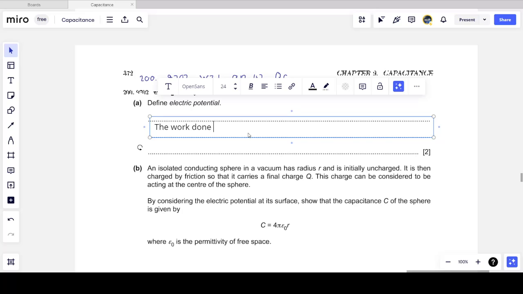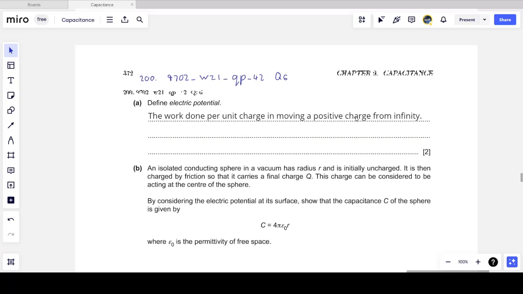What is electric potential? It is the work done per unit charge in moving a positive charge from infinity. I have to be more specific when I talk about electric potential rather than gravitational potential. I'm going to stop the definition there because they didn't say define electric potential at a point, but they said define electric potential.